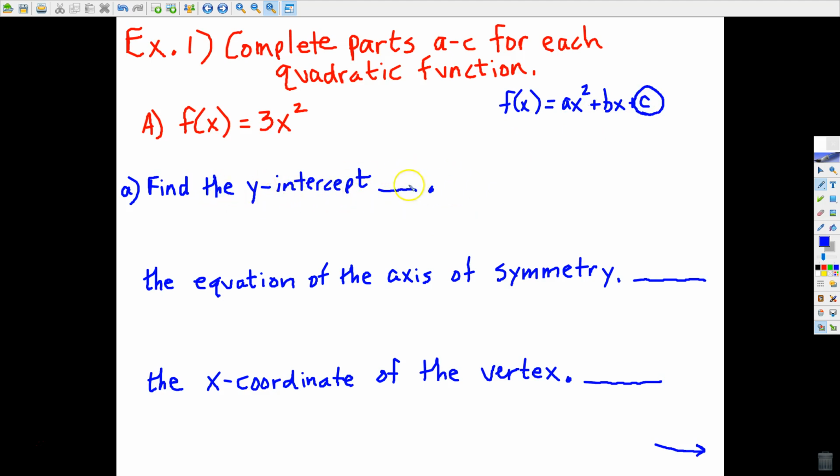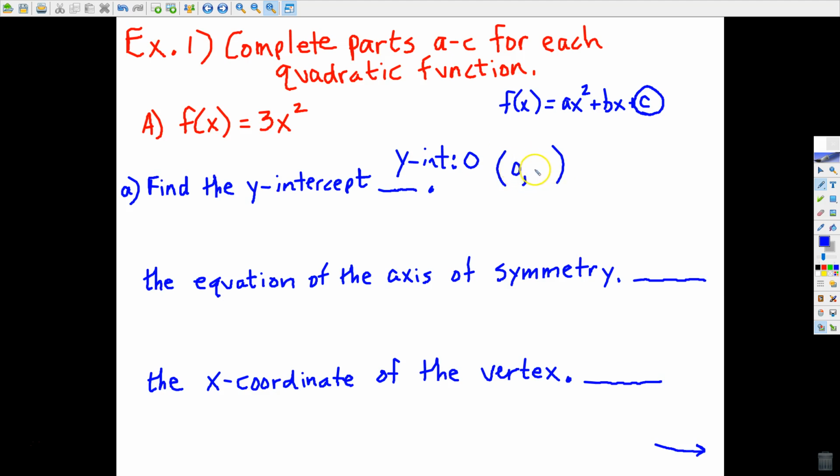And the y-intercept will always be that number. And if you want to just call the y-intercept 0, like on your paper when you identify your answer to this, you could say y-intercept 0, or it's okay to put it as an ordered pair.